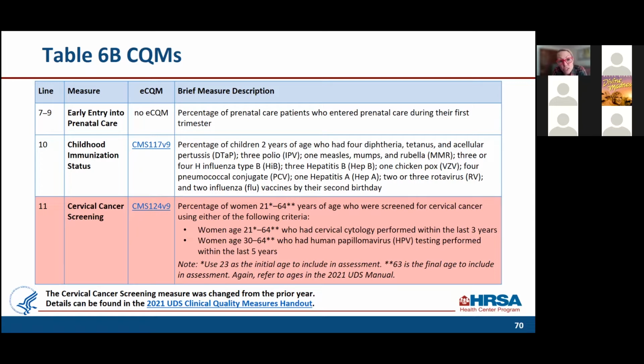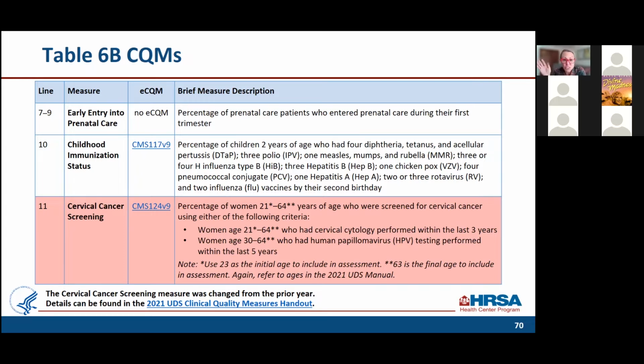Some measures like IBD, ischemic vascular disease, and dental sealants have been retired or don't have new versions, but they are still used for the UDS. The version that should be used is specified here, as well as in the manual and the clinical measures handout that you received with all the materials for this training.